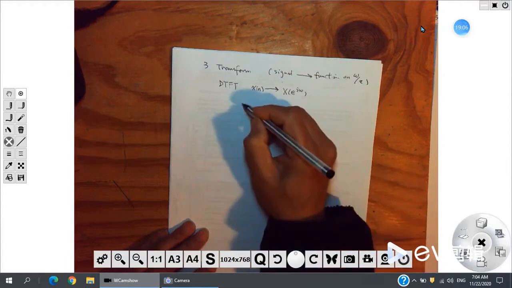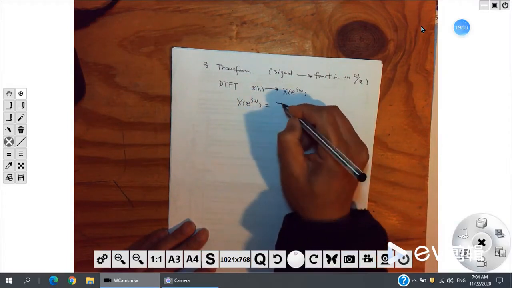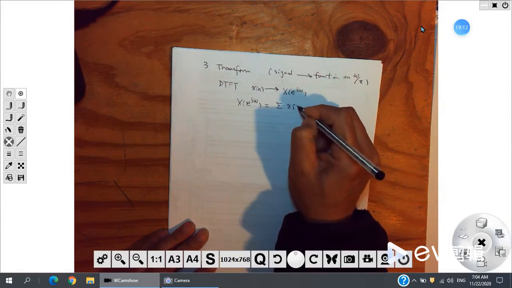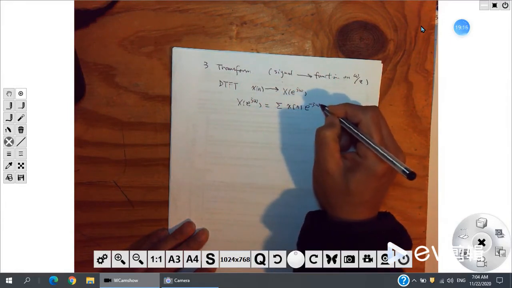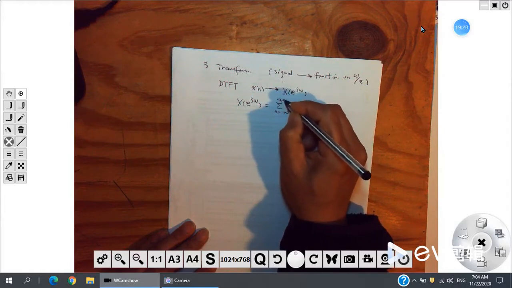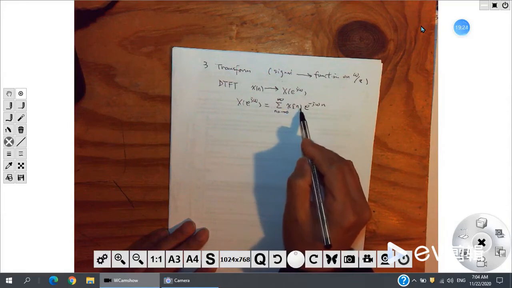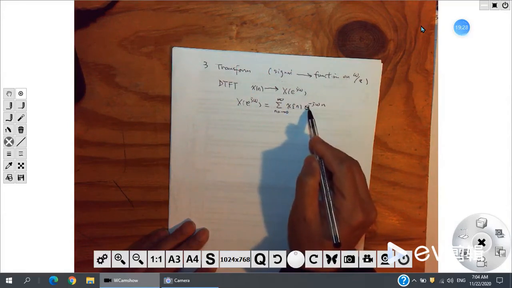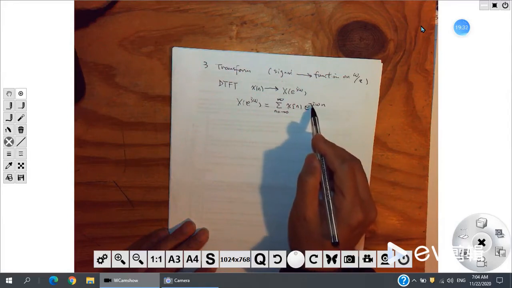Here, X of e to the j omega is the summation of all the x of n times exponential to the power negative j omega n, where n runs from negative to positive infinity. That means for all the elements x of n, we add them together, but each one needs to be multiplied by an exponential with power negative j omega n.